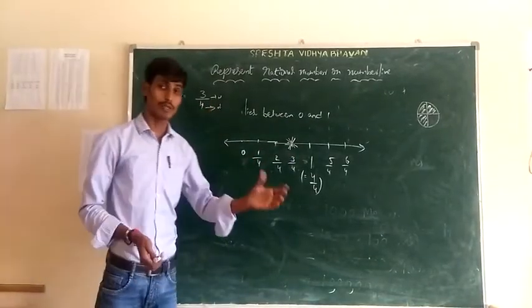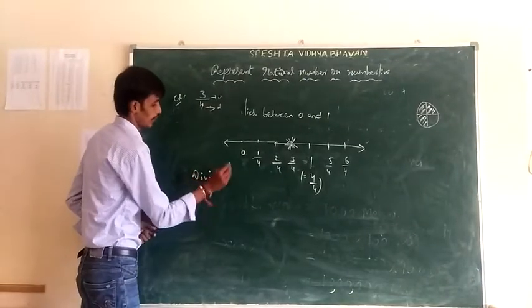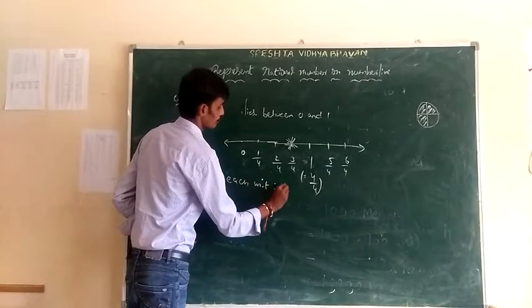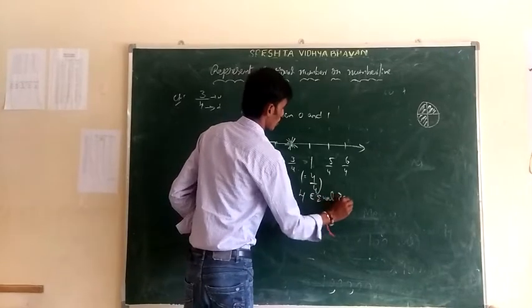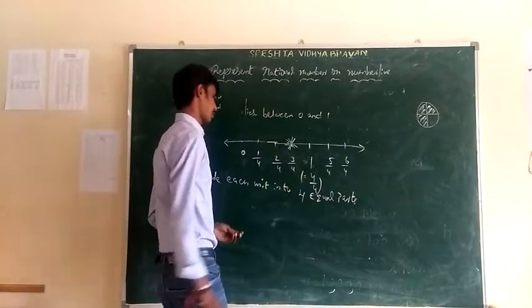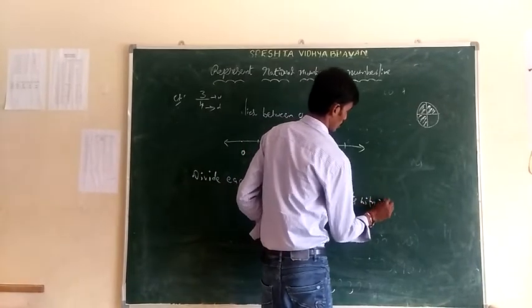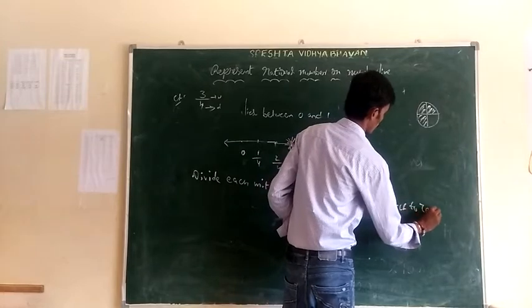What are the steps we did? First, divide each unit into 4 equal parts with respect to 0. Why?